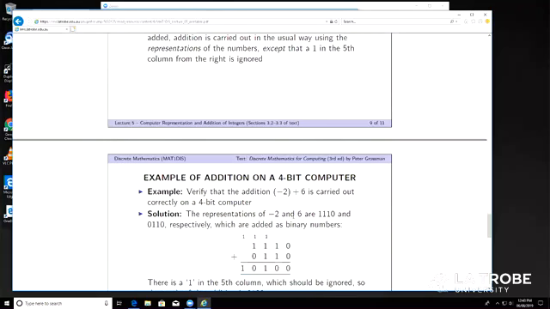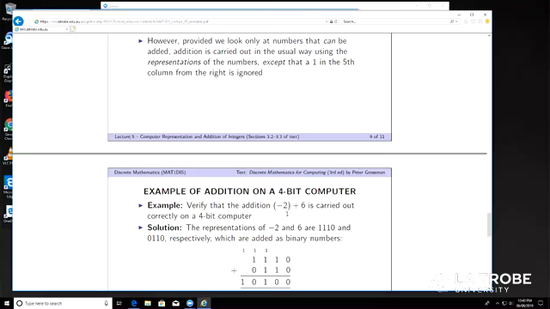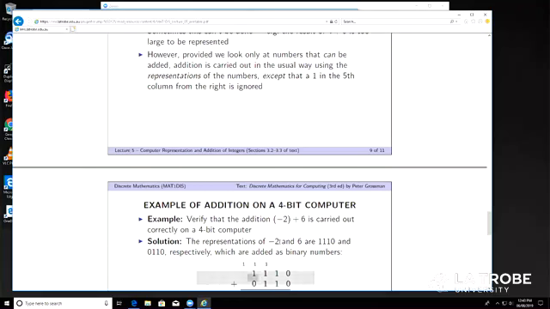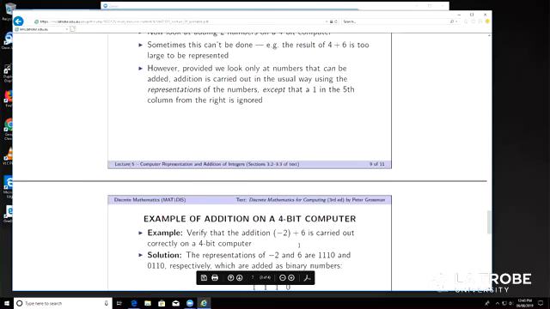Example, let's look at negative 2 plus 6. Negative 2 representation, let me move it down slightly. So what is negative 2? Negative 2 is 1110, plus 6 is 0110.